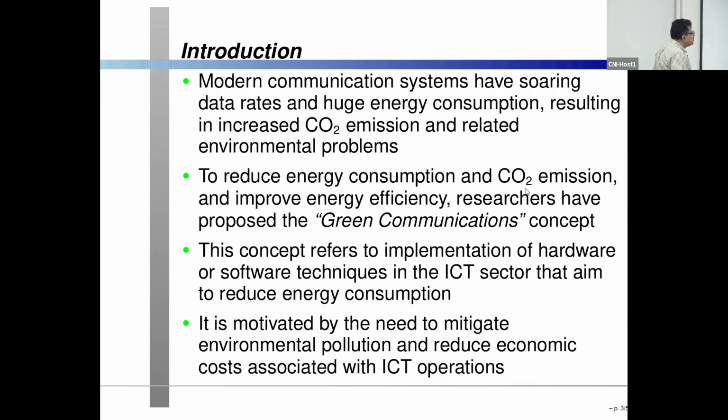So you are basically environment friendly and try to consume less energy. So particularly it refers to the implementation of hardware or software techniques in the information and communication technology sector that aim to reduce energy consumption. And it's motivated by the need to mitigate environmental pollution and reduce economic costs.